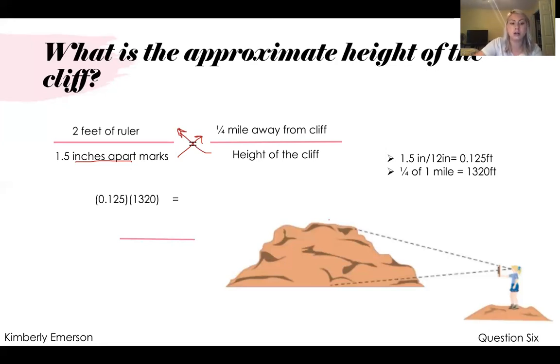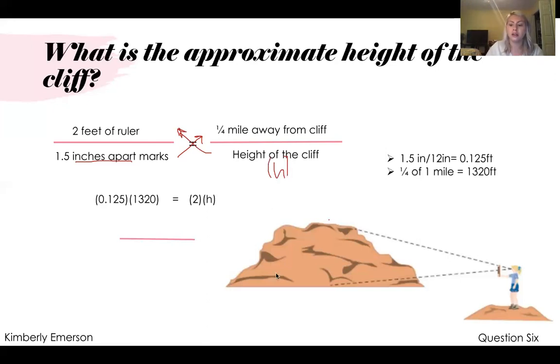And now we're going to multiply the 2 feet of ruler, which we just write as 2, times the height, because we're looking for h. You could use x if you want to. I know a lot of teachers like to use x as the variable, but I just use h because we can represent that by height. So this is h.